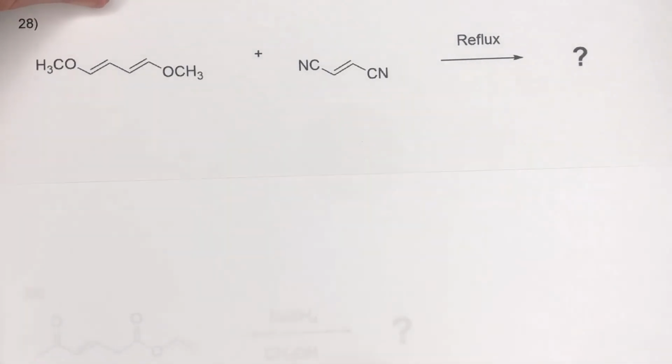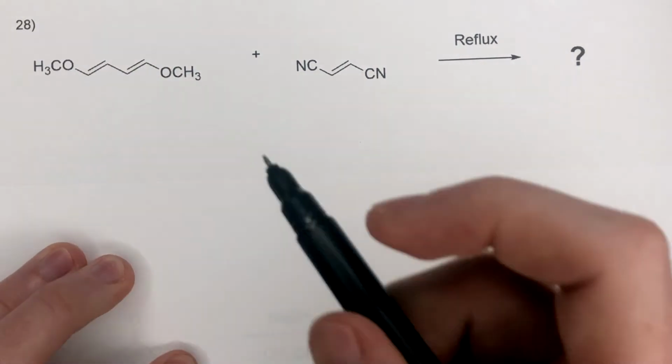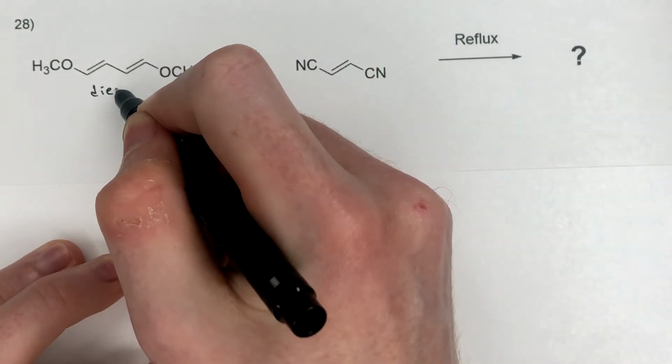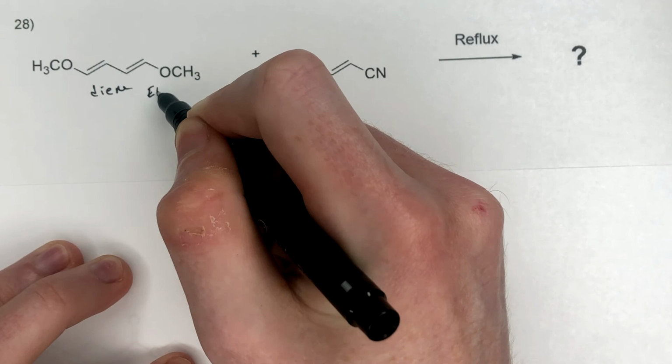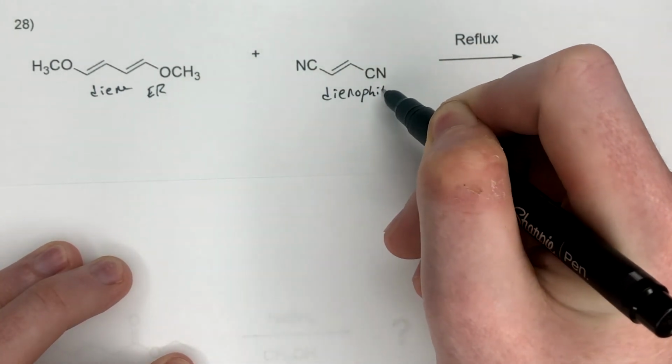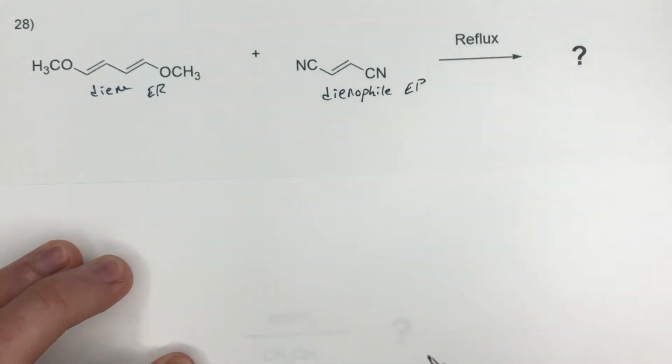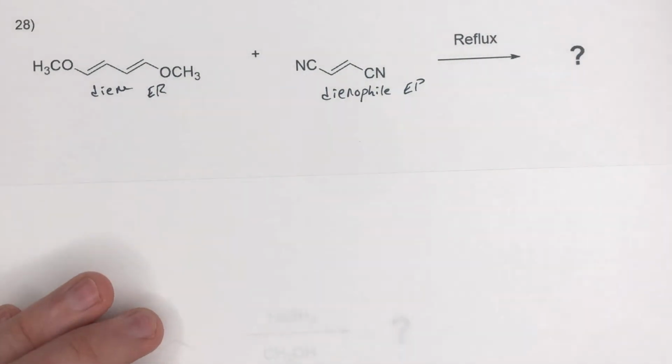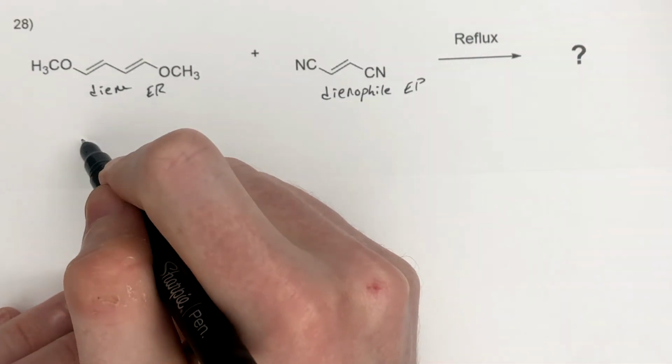Okay, moving on here, question number 28. Here we have a diene that's electron rich and a dienophile that's electron poor. So this is a standard Diels-Alder.